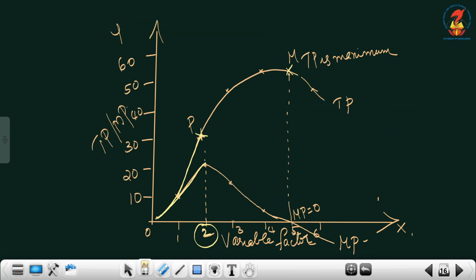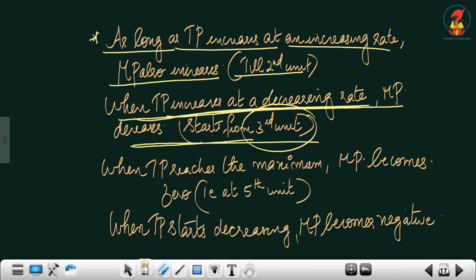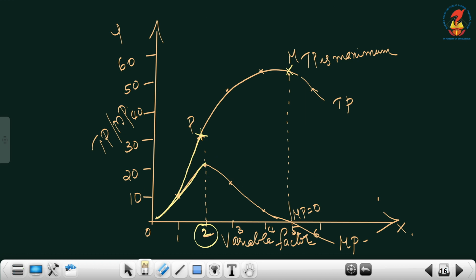Now, next relationship. So here we can see it in the diagram also. When TP increases at a decreasing rate from here till here, that is the third unit, you can find marginal productivity is decreasing. So what is the second relationship? When TP increases at a decreasing rate, marginal productivity starts falling.